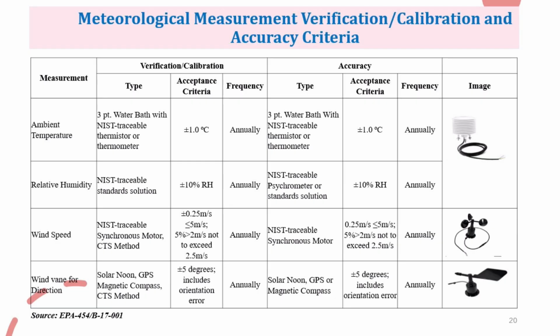Third, wind speed will be calibrated using a synchronous motor with an acceptance of 0.25 meters per second or 5%. Lastly, wind direction will be verified using methods like solar noon or GPS with a 5 degree acceptance for both calibration and accuracy. Each parameter will undergo annual verification to ensure we are collecting precise meteorological data.